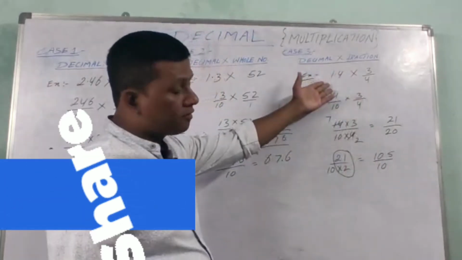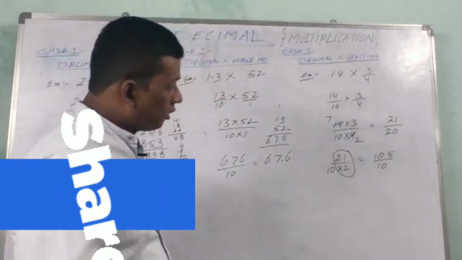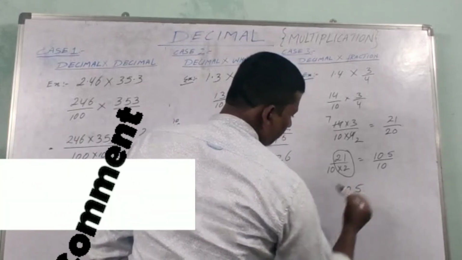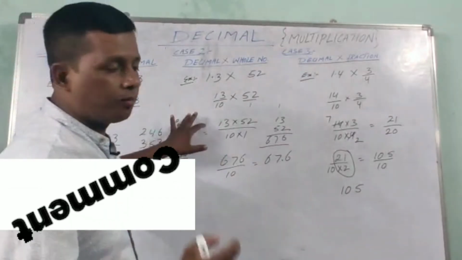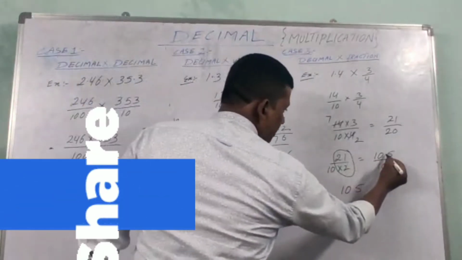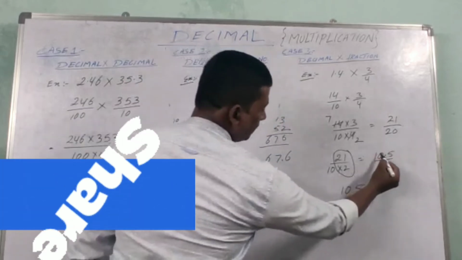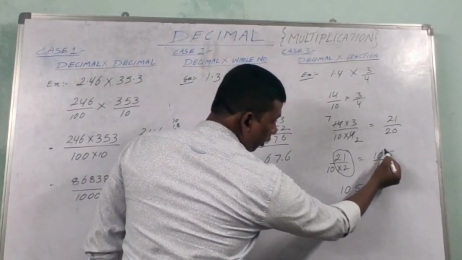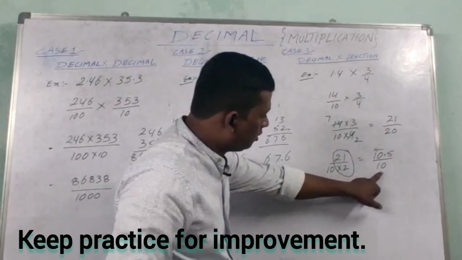Since we are multiplying with a decimal point, now write the numerator as it is without the decimal point. In the two earlier cases there was no decimal point, but here we have the decimal point in 10.5, between 0 and 5. Here we have 1 zero, so from the decimal point move one digit toward the left side.